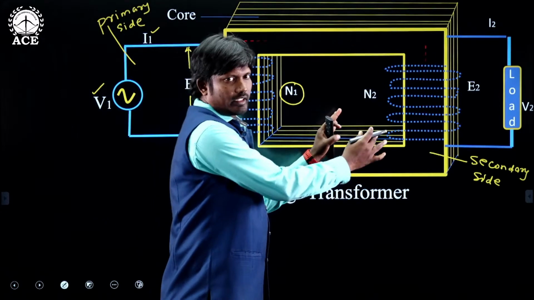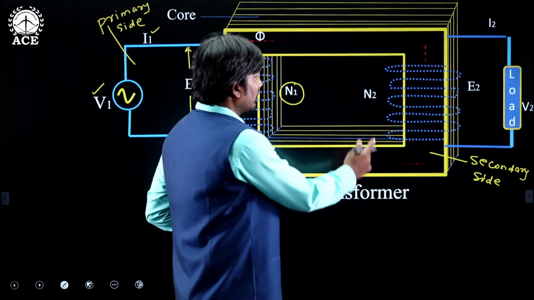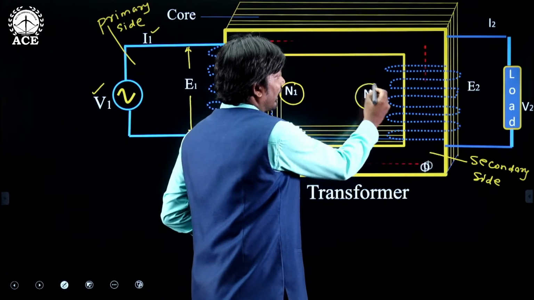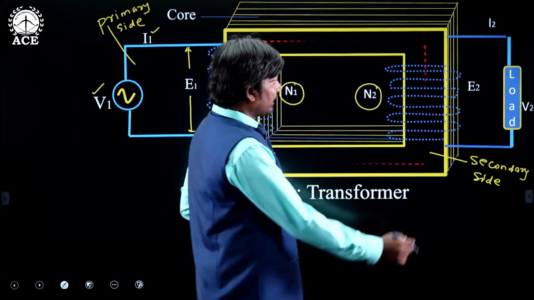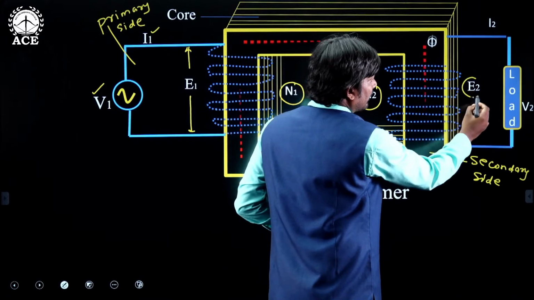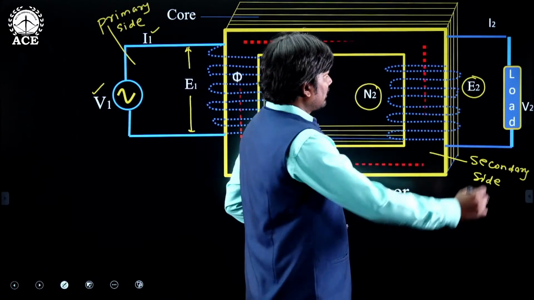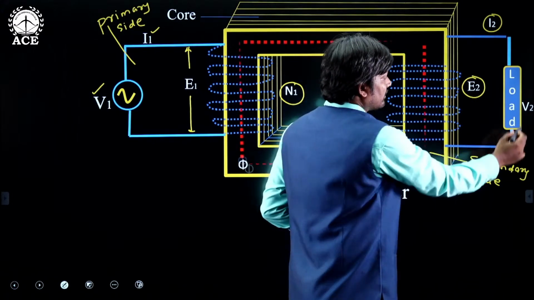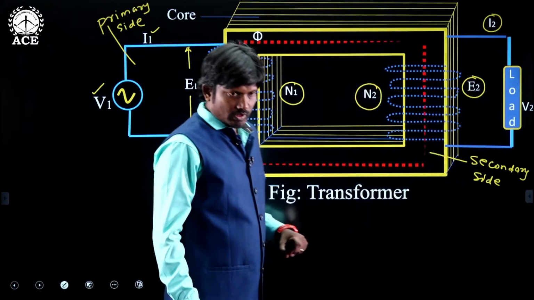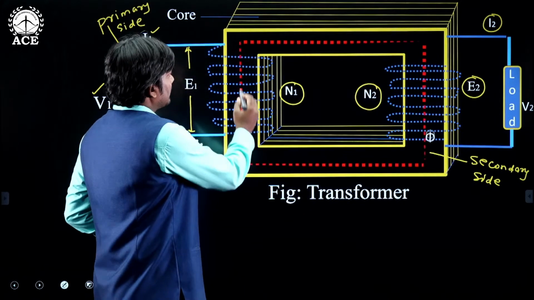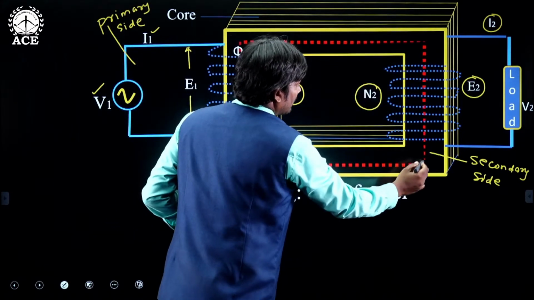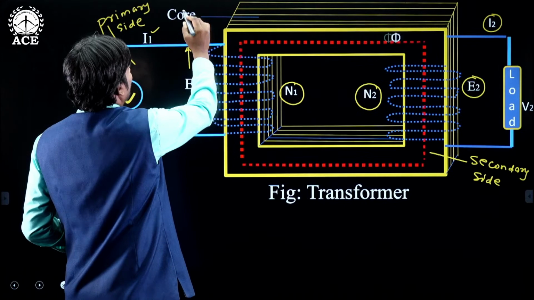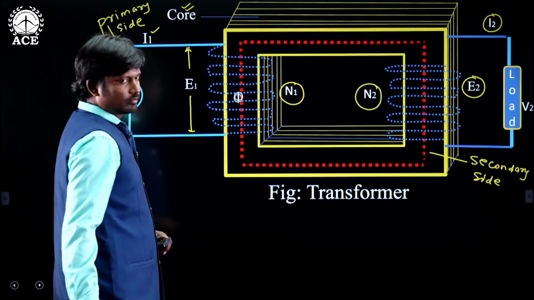Similarly, the secondary side consists of secondary number of turns N2, secondary induced EMF E2, secondary current I2, and secondary terminal voltage V2. And this is the flux of the transformer, and this is the core of the transformer.